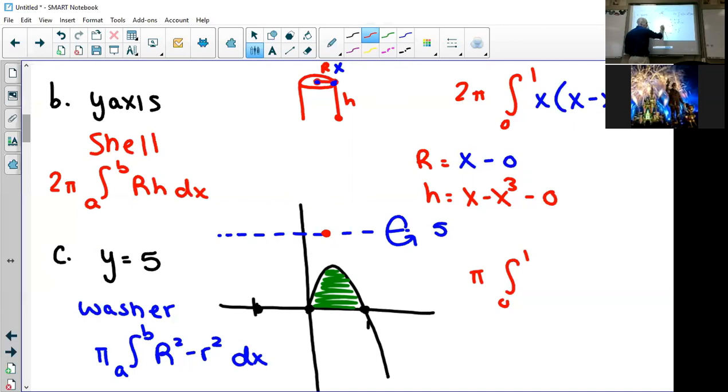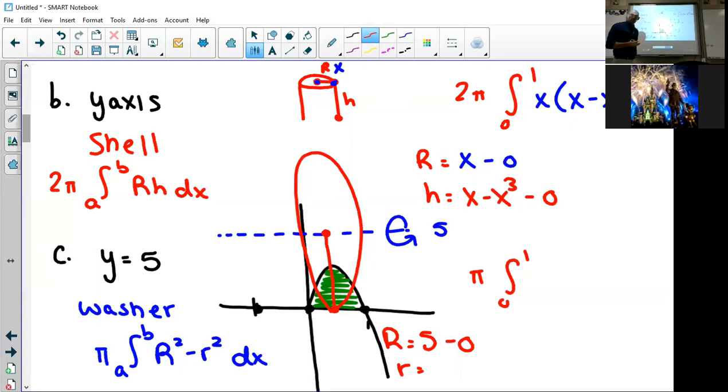Always start on that axis of revolution and go all the way until you get through all the shading. If we were to revolve this, it makes our big circle. So big R is top minus bottom: the top is 5, minus the bottom, 0. So big R is just 5.